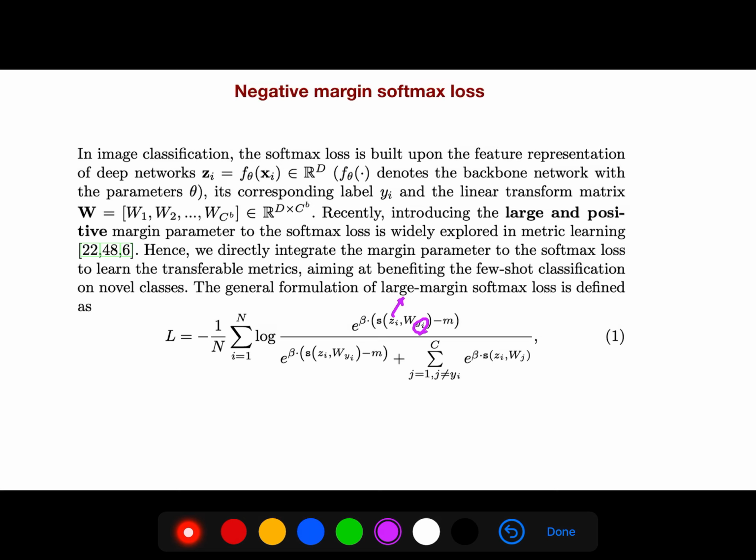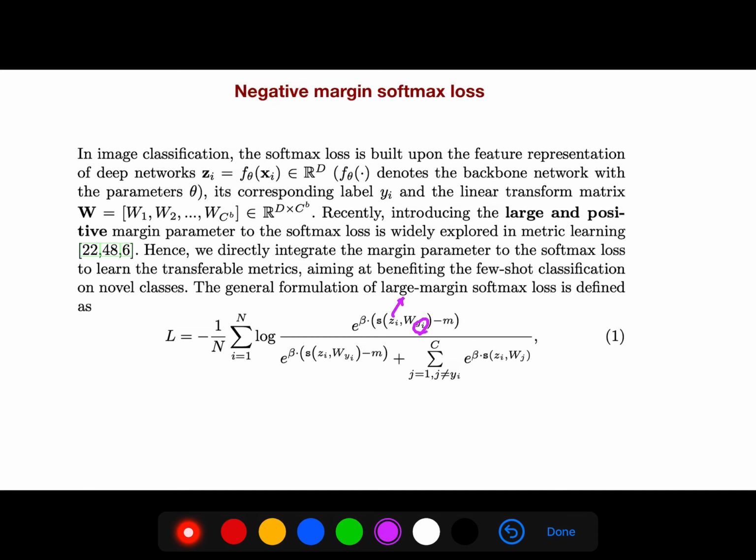Recently, introducing a large and positive margin parameter to softmax loss has been widely explored in metric learning. So we directly integrate the margin parameter into the softmax loss to learn transferable metrics, aiming at benefiting few-shot classification in novel classes.